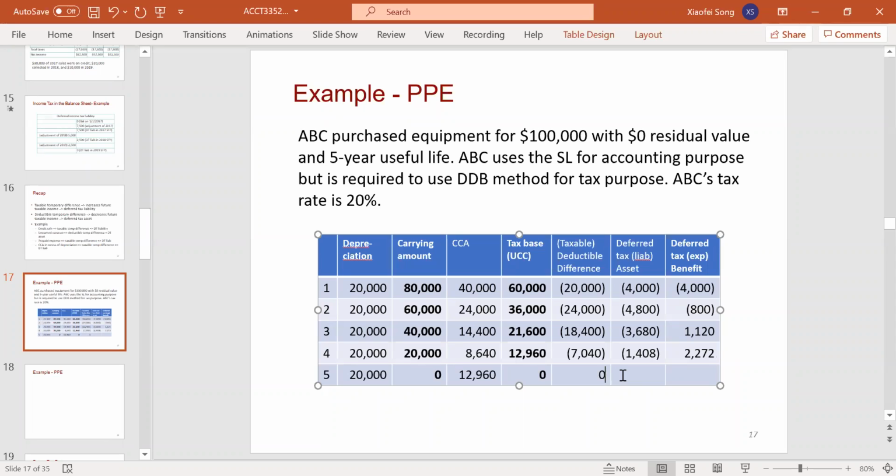Future accounting income and taxable income are not going to be any different due to this PPE, due to this equipment, right? Equipment is done. And so the deferred tax liability should be 0. But we have a balance of 1,408. So we need to debit deferred tax liability 1,408 and credit deferred tax benefit again 1,408.